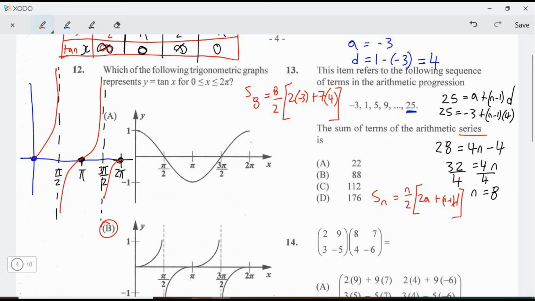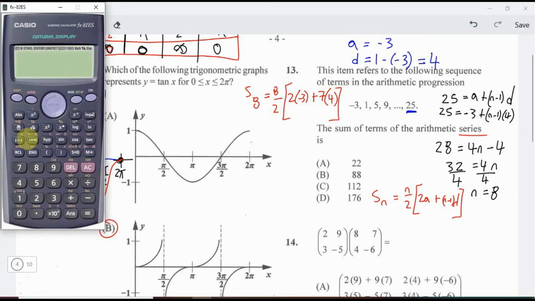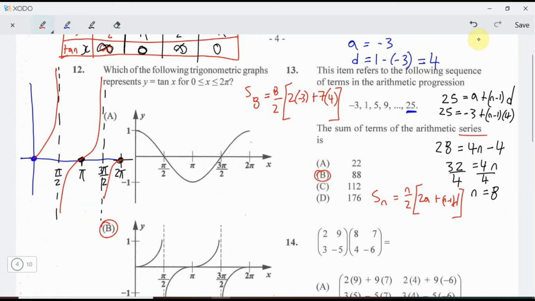You literally don't need to even simplify it. Just put it in your calculator and you're good. That's 88. That's option B.